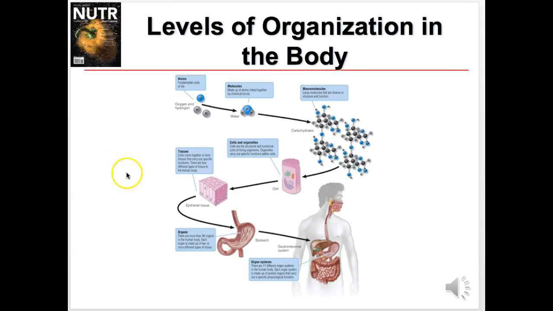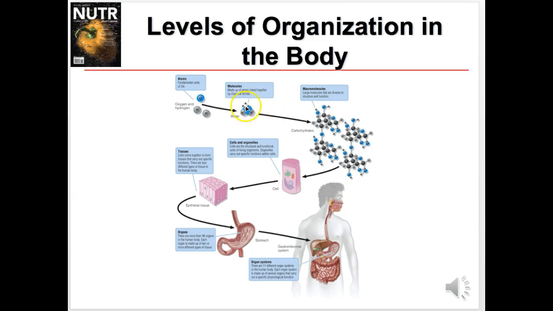So let's look at a chart here. You've got levels of organization in the body. It starts with atoms, goes to molecules, to macromolecules, and then as it comes around, cells, then tissues, organs, and your organ system. Your atoms are the fundamental units of life.